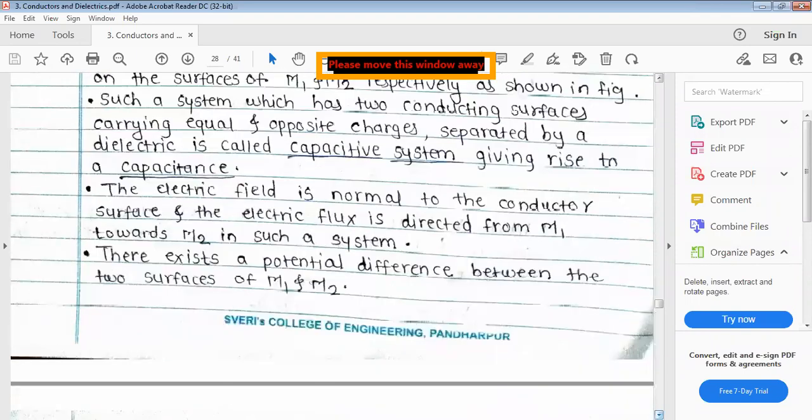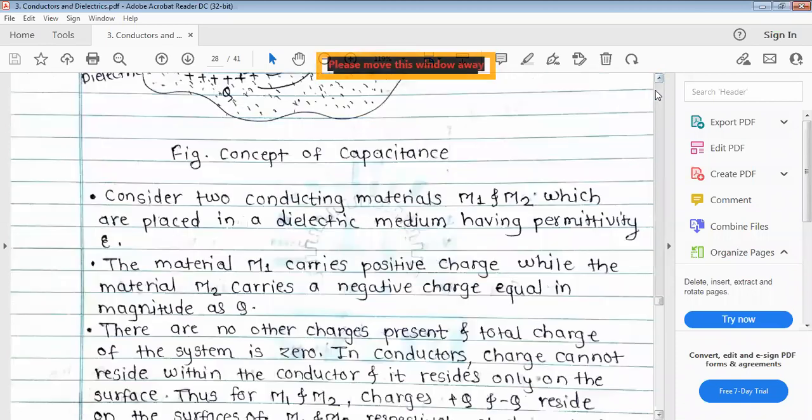The electric field is normal to the conductor surface, and electric flux is directed from M1 towards M2 in such a system. So the electric field is normal to the conductor surface, meaning it is perpendicular to the conductor surface, and electric flux is directed from M1 towards M2.